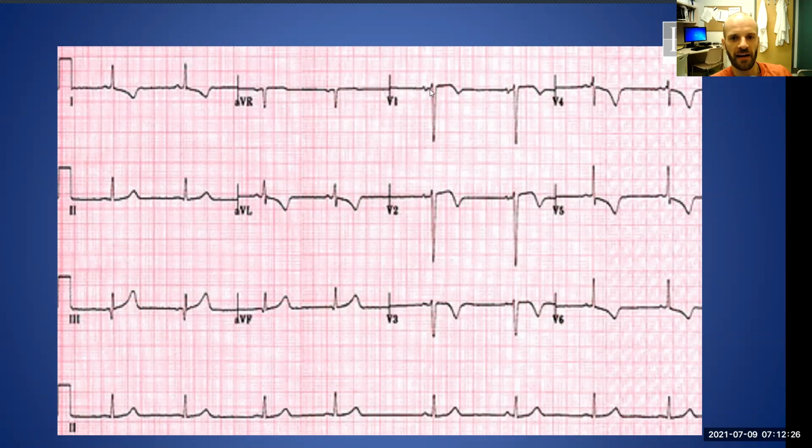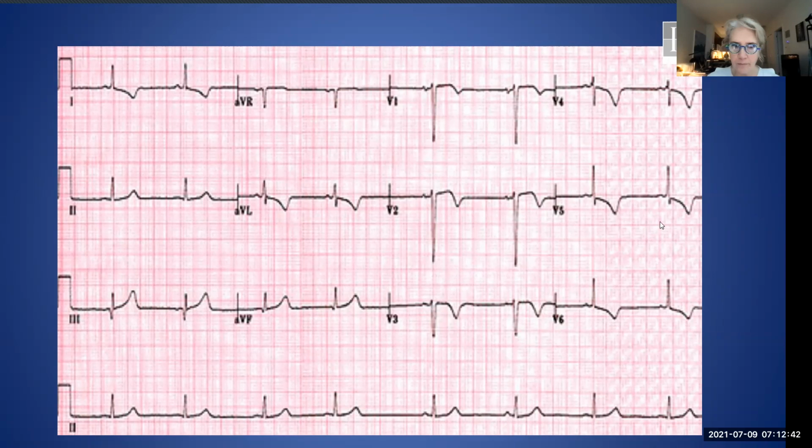If you can see here, the first deflection is positive, so that's going to be an R wave. The second deflection is negative, so that's going to be an S wave. So there aren't Q waves in these leads. This is an R and then an S wave. And then I had that it's inferolateral region.